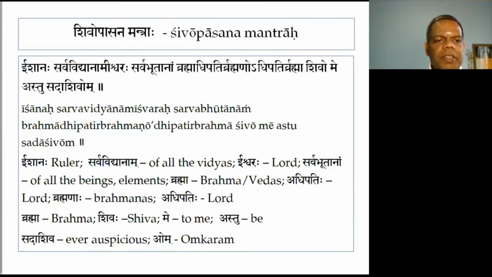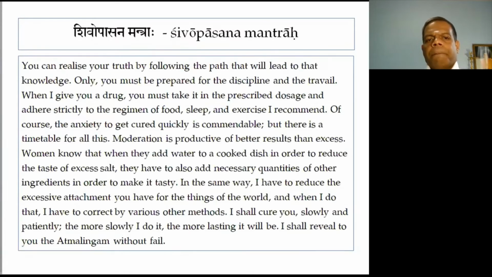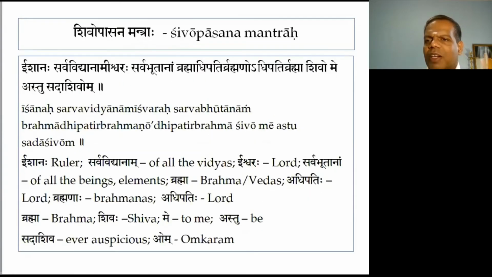I think I've duplicated this slide, but let me go to the next one. Again, I took some material from one of Swami's discourses where he talks about Shiva, Sadashiva, because the word Sadashiva has come from the final one, the fifth aspect of Shiva, which is granting grace, Anugraha.